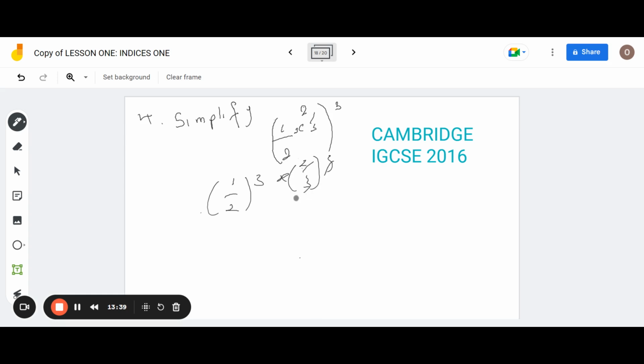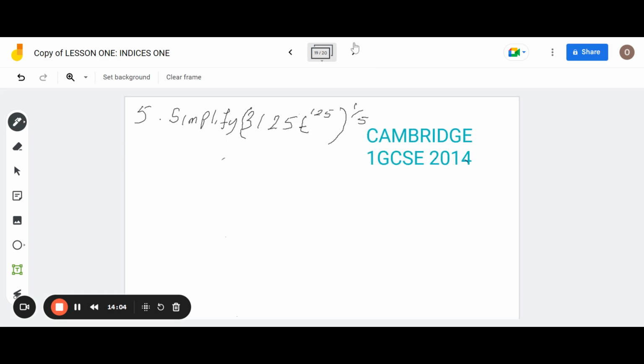This 3 will cancel 3, with remaining 2. Then half raised to power 3 is 1 over 8, that's half in 3 places, 1 over 8. And this one will give us s squared. After cancelling, the 3 remains 2, so it becomes 1 over 8 s raised to power s squared as the answer.